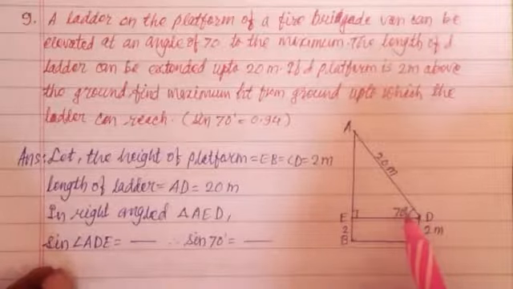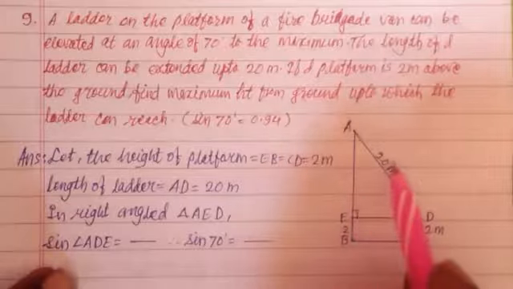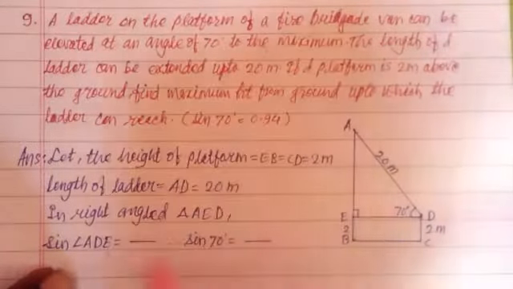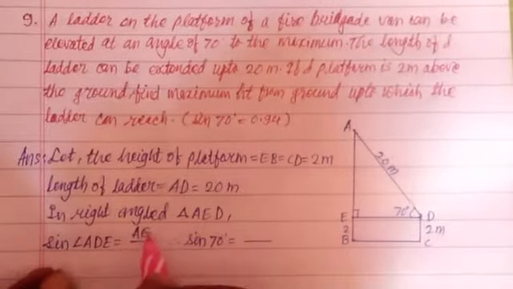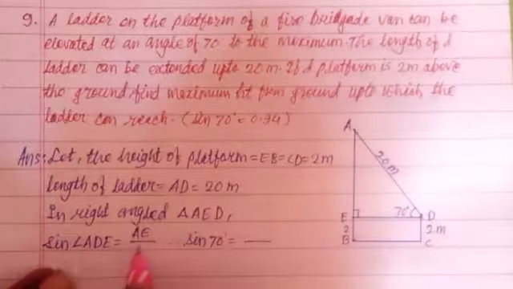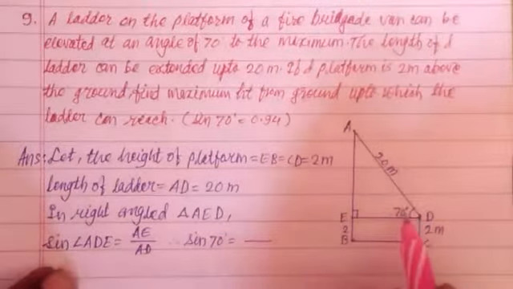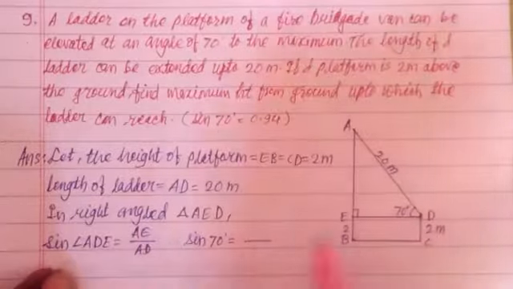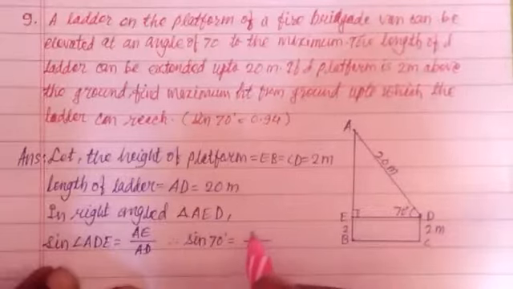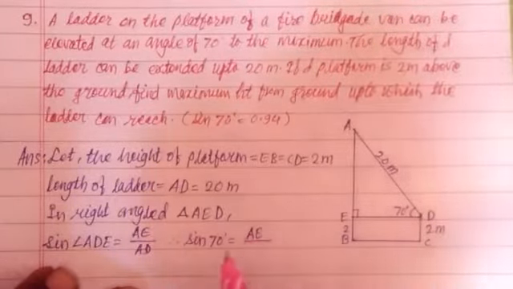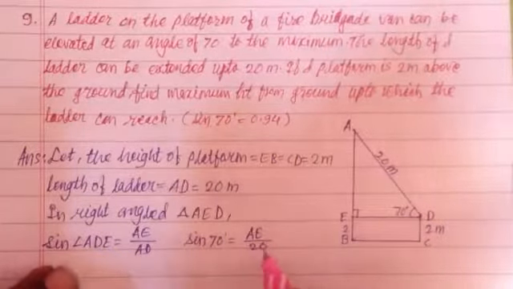sine ratio means opposite side upon hypotenuse, so sin ADE is equal to AE upon hypotenuse AD. Means sin 70 degree is equal to AE upon AD, which is 20.